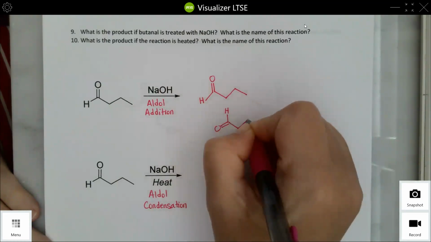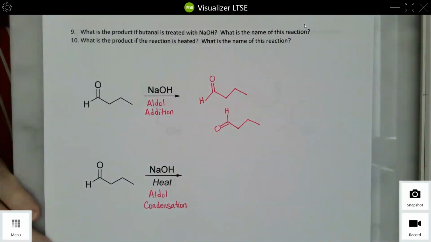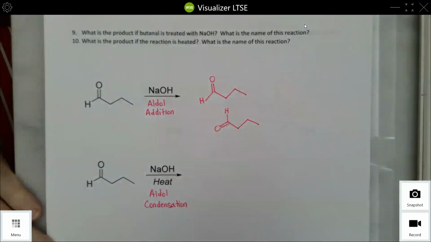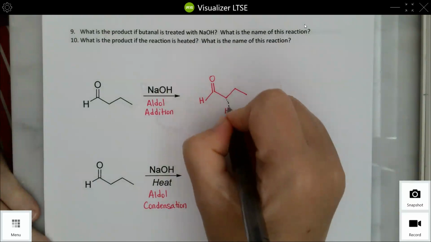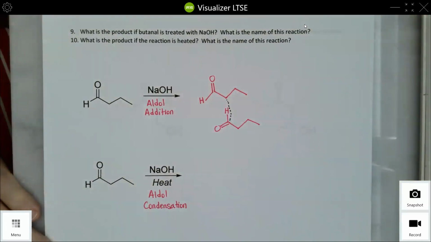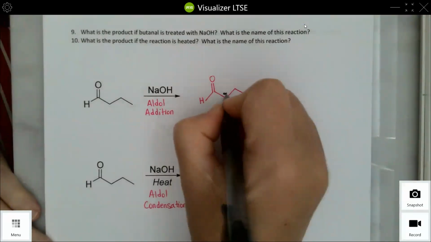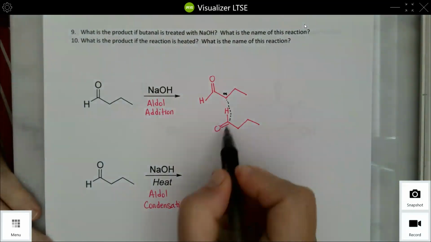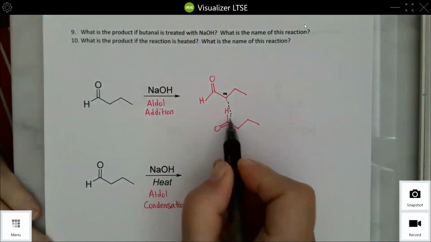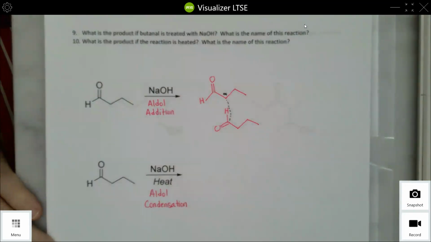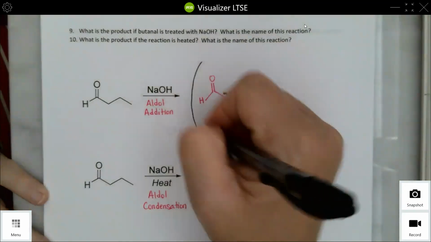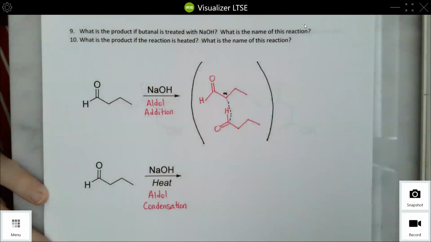So 1, 2, 3, 4. Make sure to draw the right number of carbons. We're going to think about forming a bond between the alpha carbon of 1 and what's known as the aldehyde carbon, or the ipso carbon here. So this is sort of just our thinking process, okay?